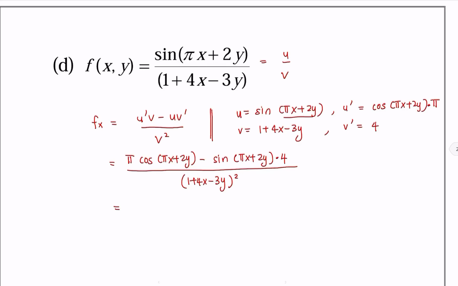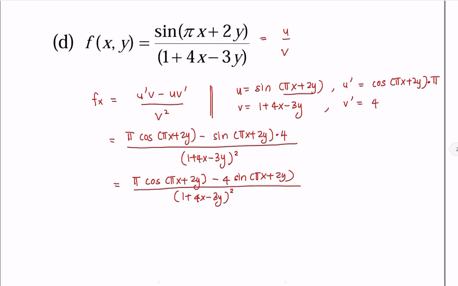Now we just rearrange. We obtain (π cos(πx + 2y) − 4 sin(πx + 2y)) over (1 + 4x − 3y)². So this is our fx.